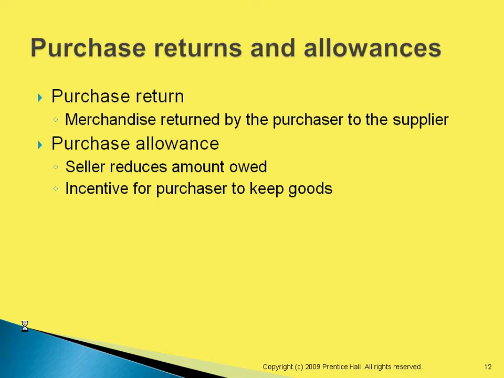Why would you give an allowance and not insist upon a return? Well, think about this. Say you order tomatoes from a supplier. If you're the supplier, do you really want a shipment of rotten tomatoes coming back to your warehouse? I don't think so. So what you do is you give the purchaser an allowance.